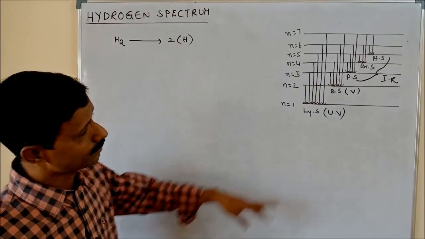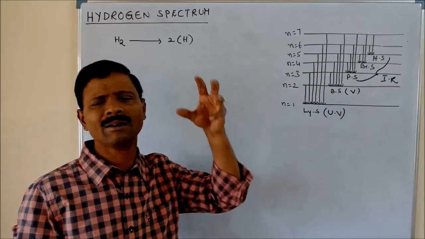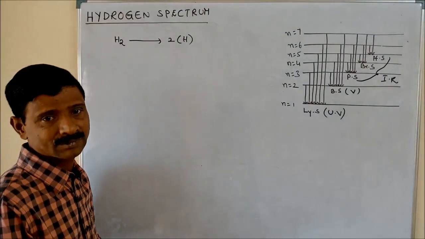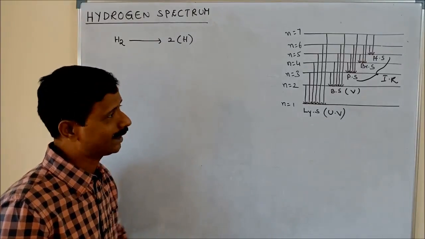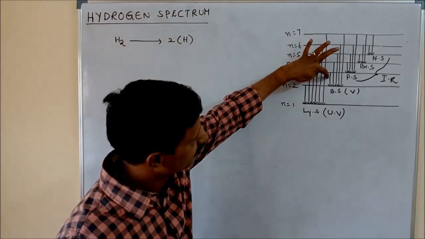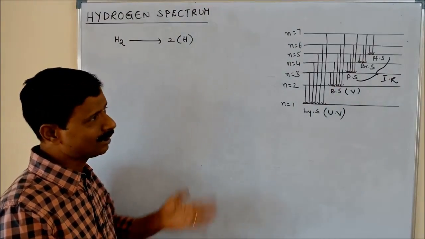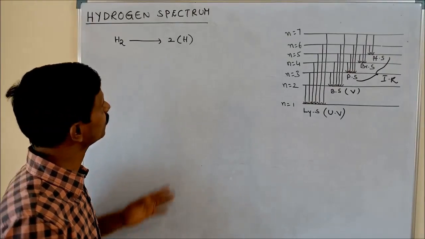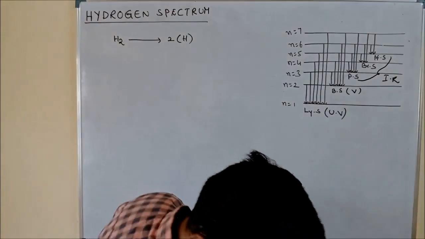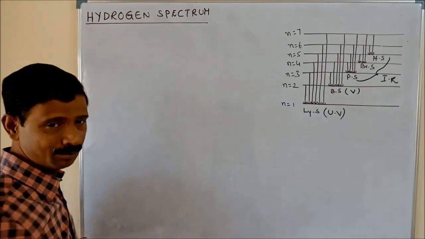But now, if you observe the Balmer series, since it is in the visible region, Balmer proposed one equation to find either frequencies, energies, wavelengths or wave numbers for each and every line in his series. So for that, first we will see that Balmer equation and its importance.